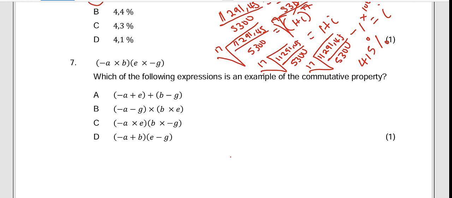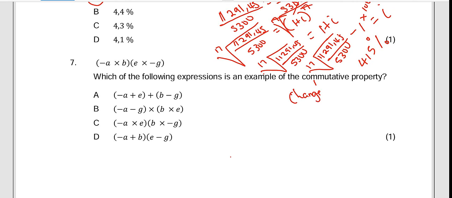Let's proceed now. Which of the following expressions is an example of the commutative property? What is a commutative property? Commutative property means that we can change the order when multiplying or adding.